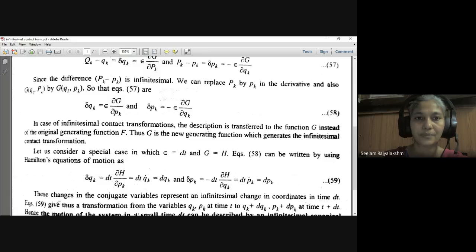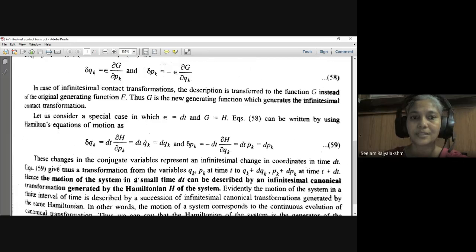Delta qk equals dt times dou H by dou pk, which is q dot k, that is dqk by dt, so dt cancels and we obtain dqk. Delta pk equals minus dt dou H by dou qk, which is p dot k, that is dpk by dt, so dt cancels and we obtain dpk. This is equation number 59.